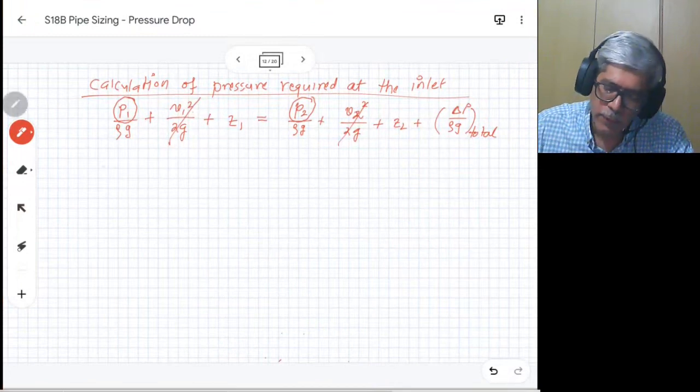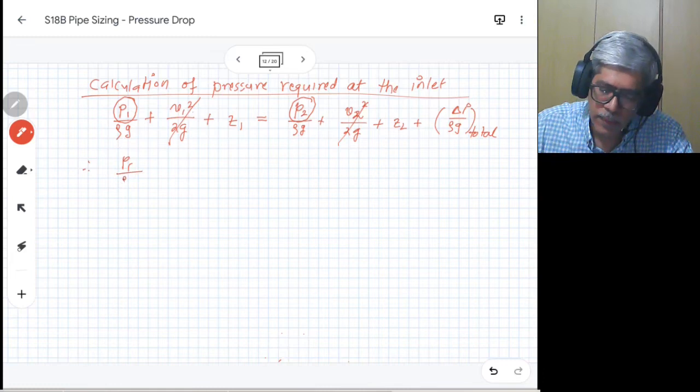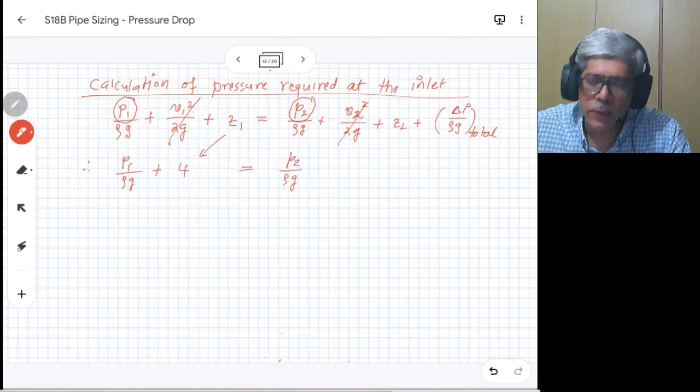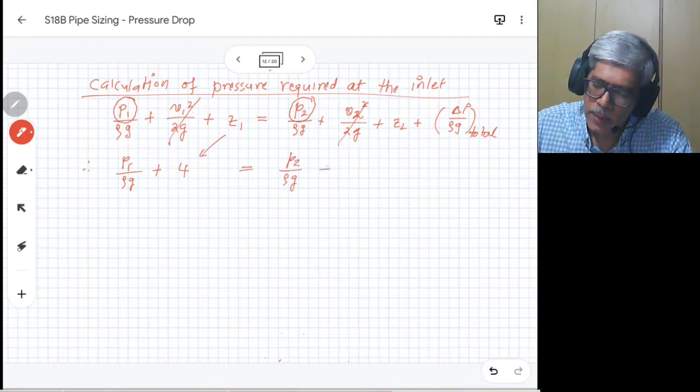So let's substitute the values. Therefore, P1 divided by rho g, plus this term is cancelled, 4 meters, will be equal to P2 divided by rho g, I will substitute the P2 value later, plus the Z2 value, which is 10 meters.